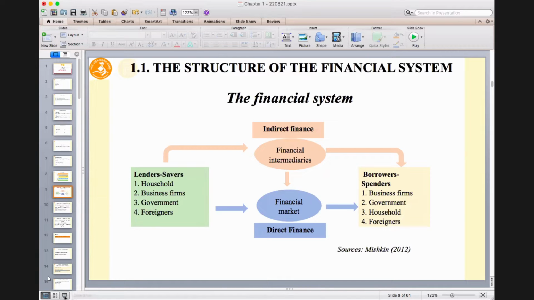So maybe you already know the circulation of funds in the economy.